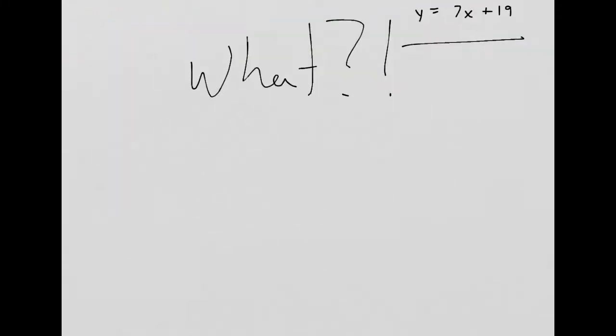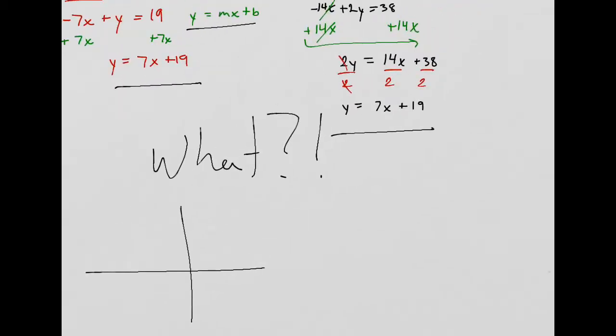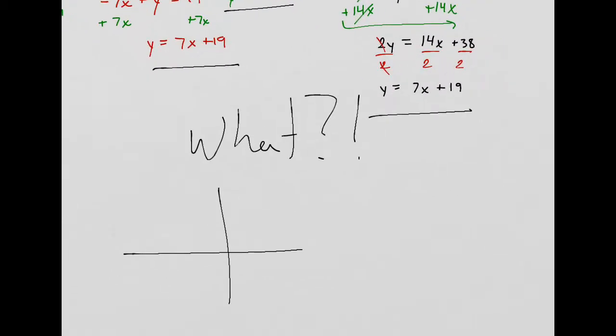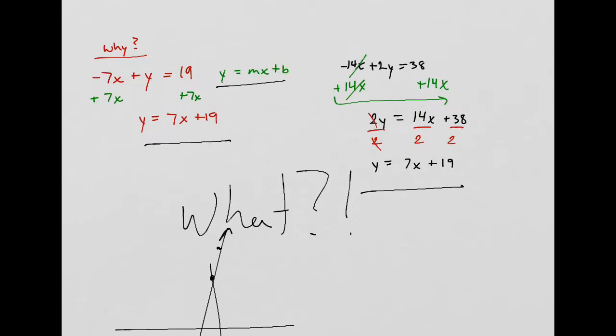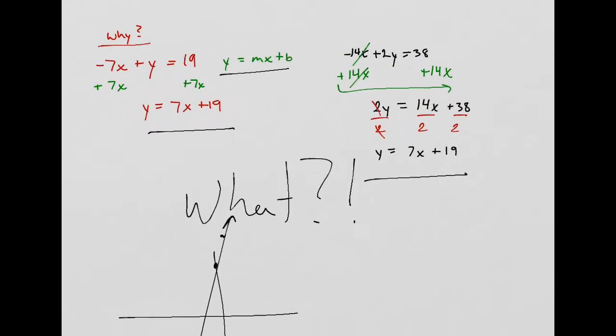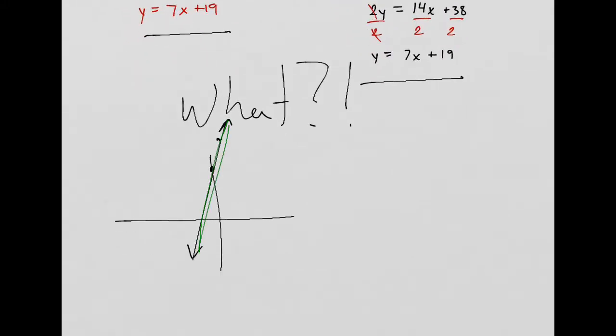Because they're the same line. If I were to graph one of the lines, it'd be up positive 19 and then rise 7 over 1. It'd be something like this. If I graphed the other line, you know what it would look like? Right on top. So where do the lines intersect? Well, they intersect here, and here, and here, and here.